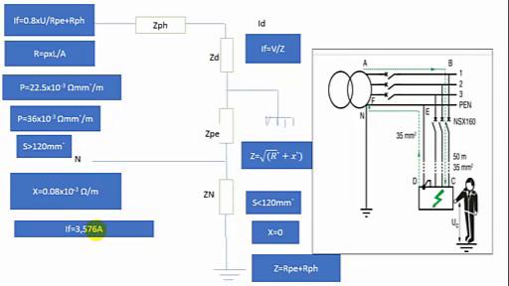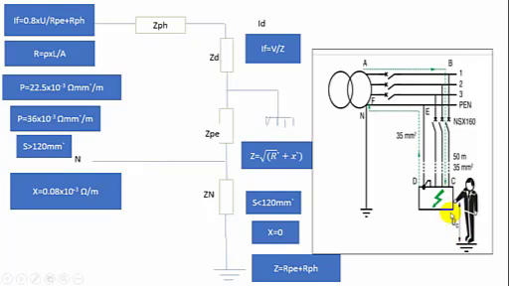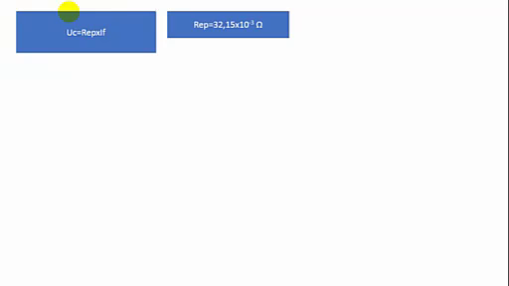It is equal to the resistance of the PE cable times the fault current, by the number of applications. We find the resistance of PE equal to 32.50 times 10 exponent minus 3 ohm.